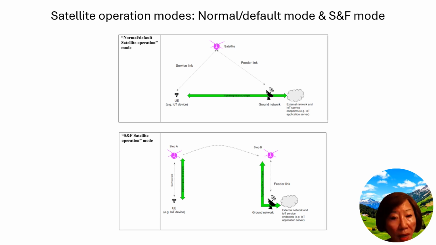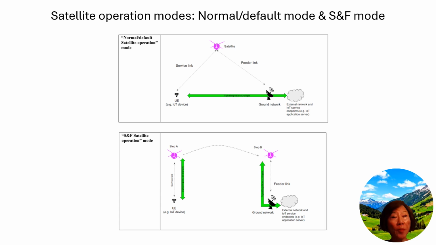So this mode can be energy efficient for IoT devices, as they only need to transmit when the satellite is overhead. So this is suitable for low power devices in particular. It also allows for a more flexible network design, especially in areas with challenging geography or limited ground infrastructure.